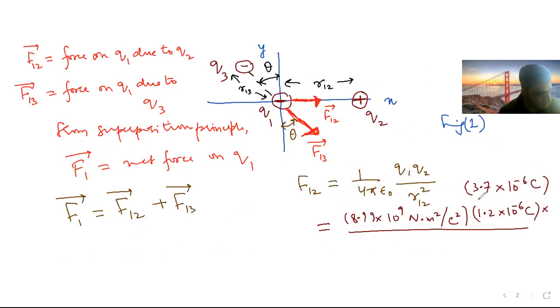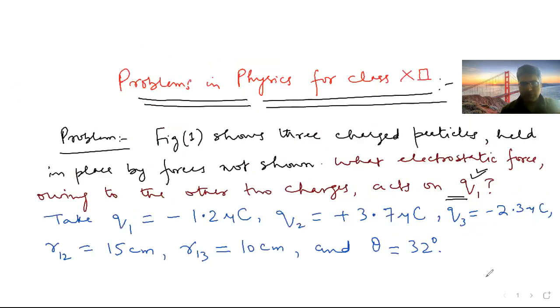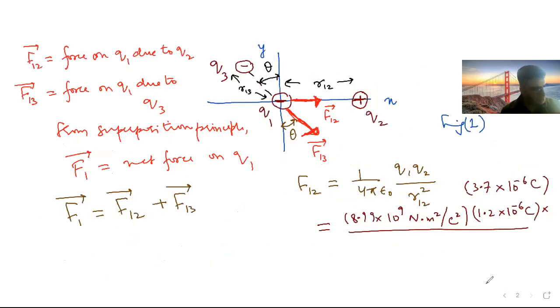I have replaced micro by 10 raised to power minus 6. And the distance between 1 and 2 is, I think, 15 centimeter. I will convert it into meters, so it will be 0.15 meter square.